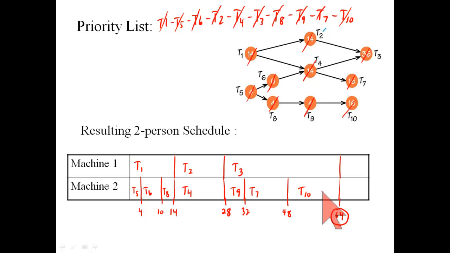So if you think about it, there's no possible way to get the job done faster than 64 minutes with only two machines. They're already working full-time as hard as they can for the entire 64 minutes. So this happens to be the optimal completion time.